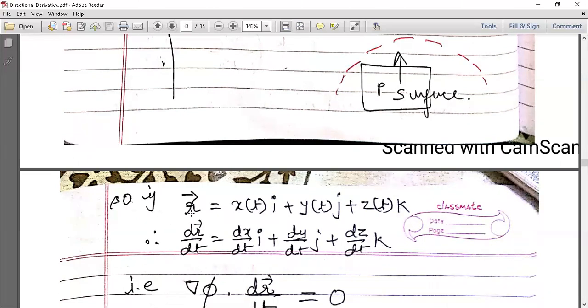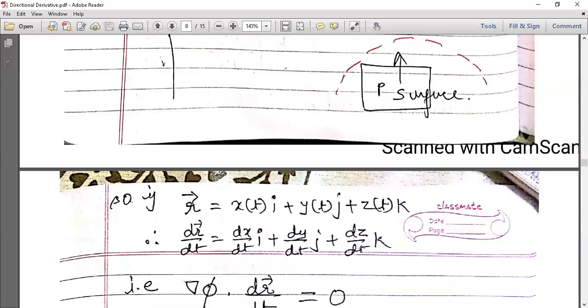If I want to find the slope, we take dr/dt, which is dx/dt, dy/dt, dz/dt. It will show us a slope, or tangent, in the x direction, y direction, and z direction, with respect to time, or with respect to a variable t.